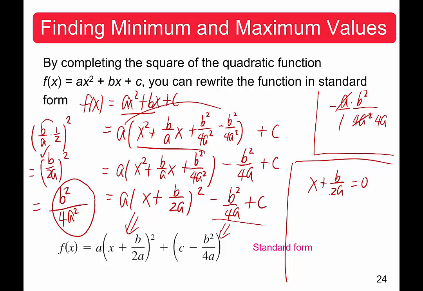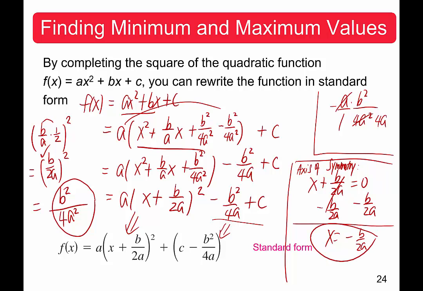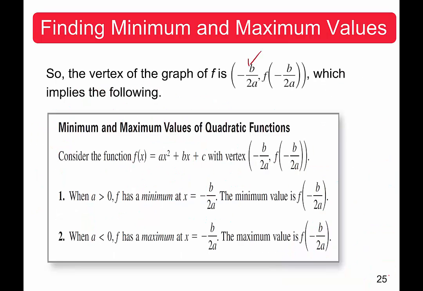We get the axis of symmetry. Subtracting b over 2a from both sides of the equation, x equals negative b over 2a. That's the x coordinate of the vertex, and the y coordinate should be f of negative b over 2a. That's the theoretical perspective of looking at a vertex.